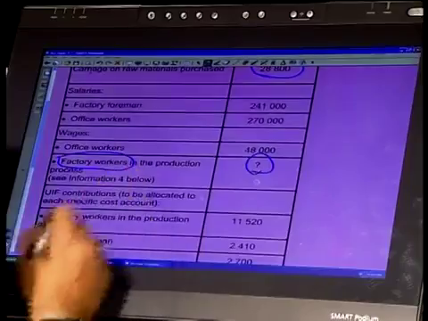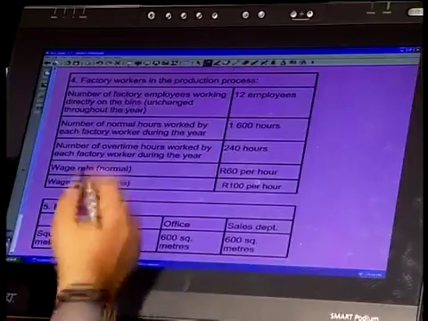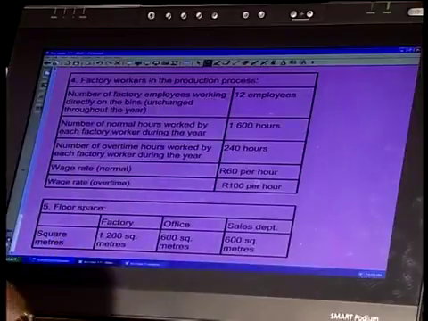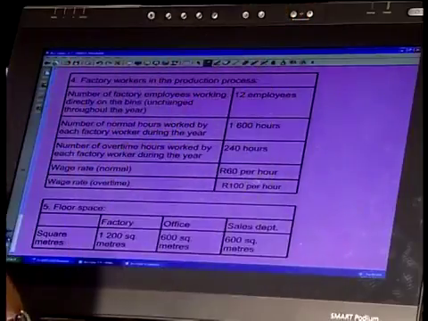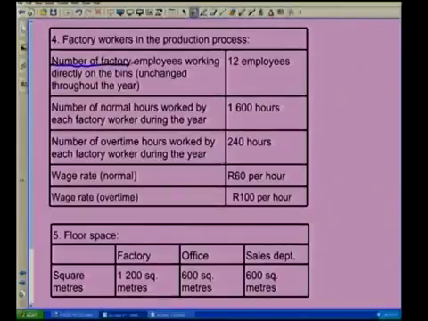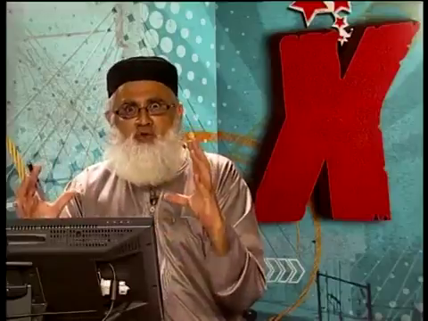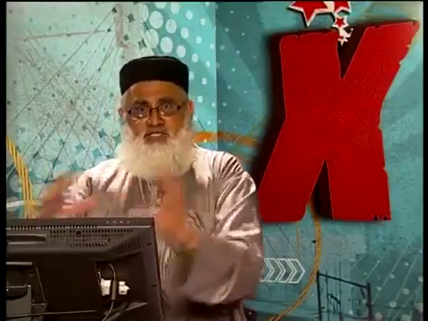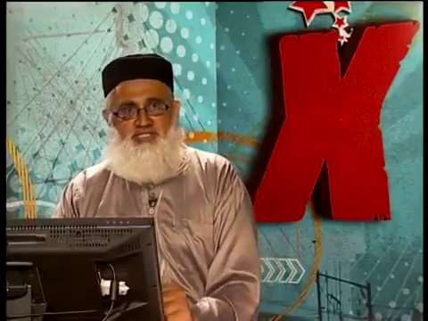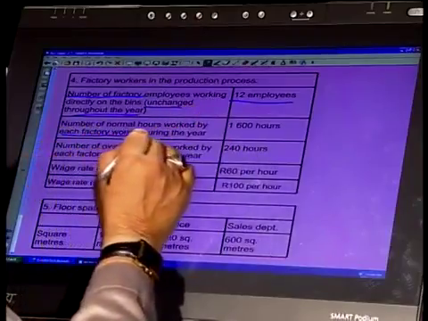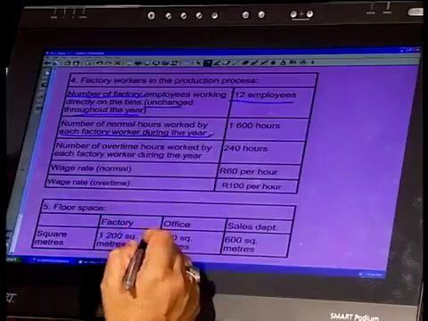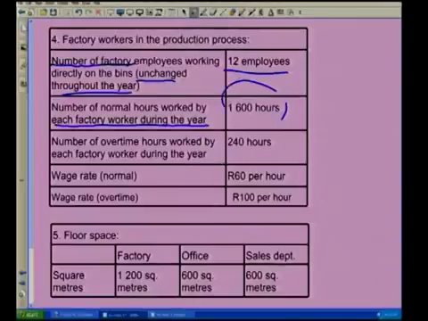Now, a question mark again. Come on, you can handle it. See information 4 below. What do they tell us? Factory workers in the production process. Number of factory workers, 12, unchanged throughout the year. In other words, you've worked with 12 workers from the beginning of the year to the end of the year.